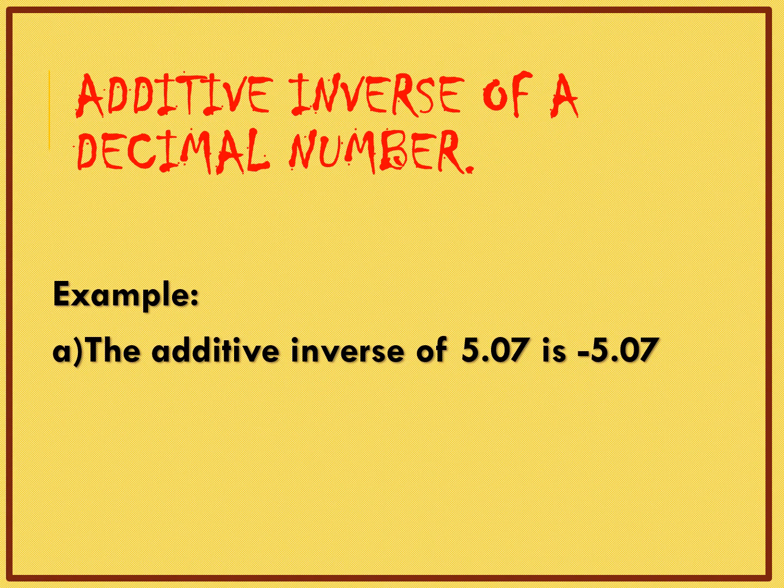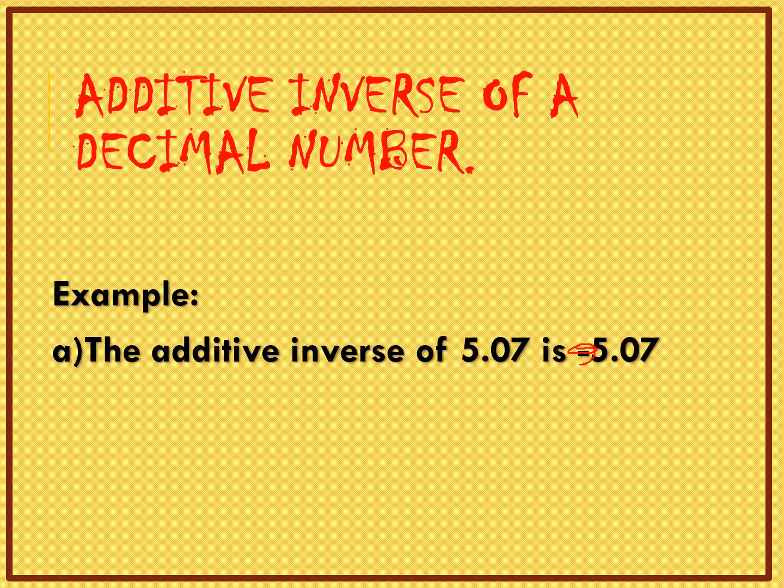Now let us take the additive inverse of a decimal number. Same rule will follow. If we have a plus sign over here, or no sign, which means it is a plus sign, it will become negative. So here we have a negative number, right?